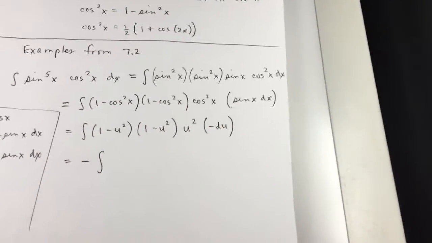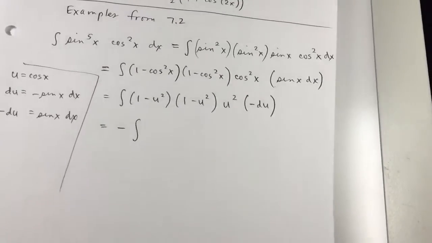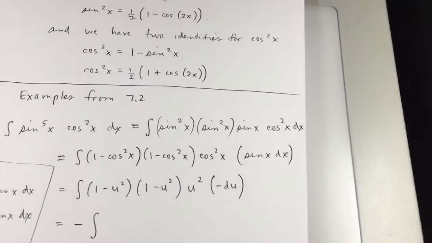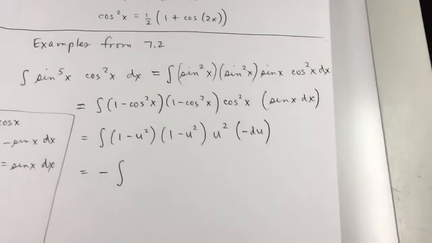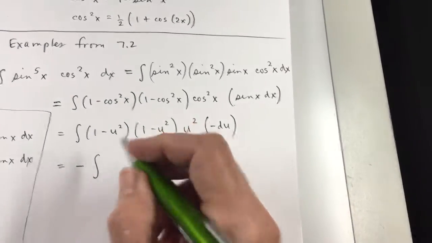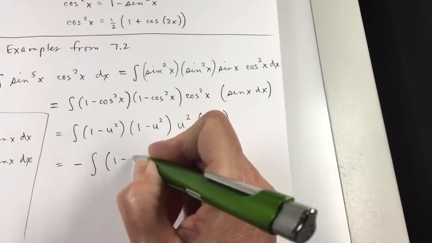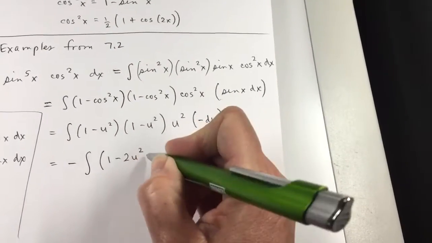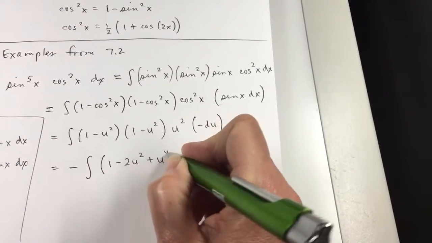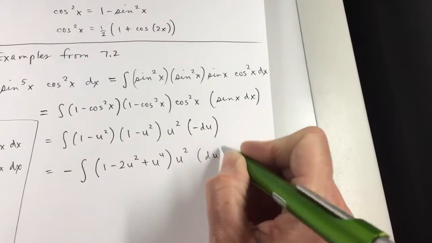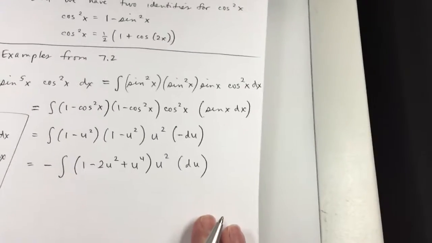I need to multiply 1 minus u squared times 1 minus u squared, and then distribute the u squared. So 1 minus u squared times 1 minus u squared is 1 minus 2u squared plus u to the 4th. Then I got times u squared, and my du at the back of the problem.